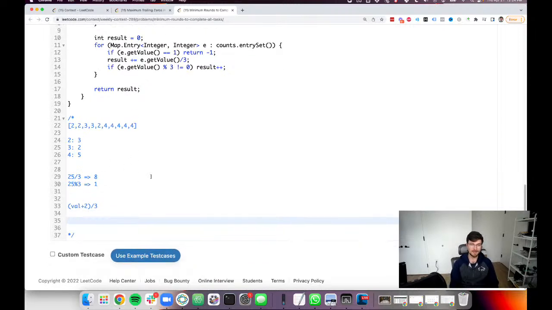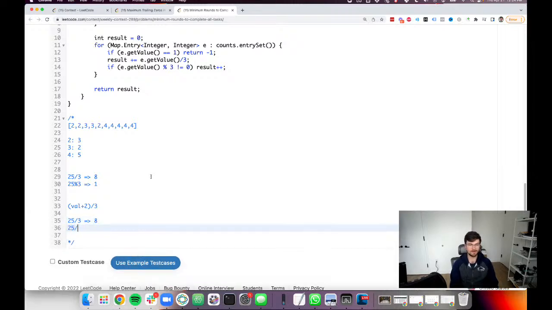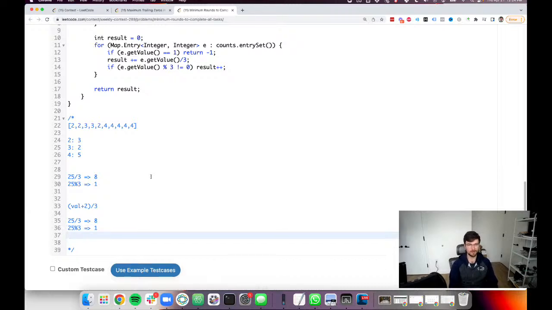Let's say that we have our example of 25 again. So 25 divided by 3 is again going to be 8, and 25 mod 3 is equal to 1. So we're going to do essentially 8 plus 1.